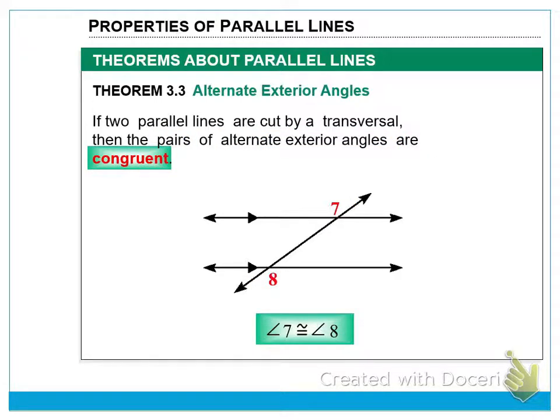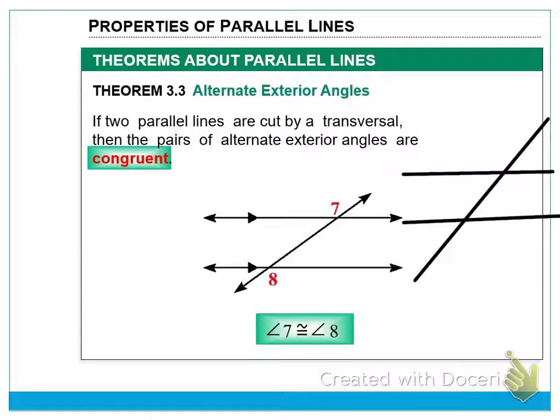So you can write in the word congruent, highlight it with that same color. And then on yours, what is an example of alternate exterior? 1 and 8. Good. And then the other one would be 2 and 7.